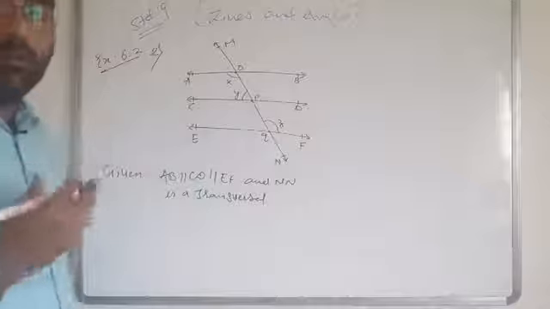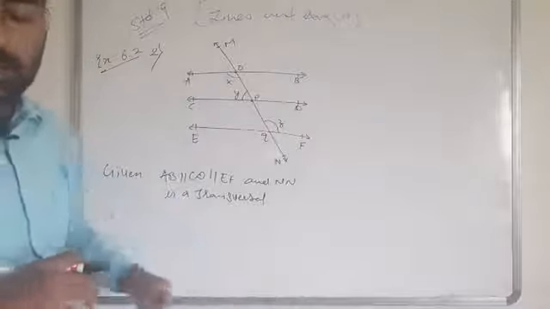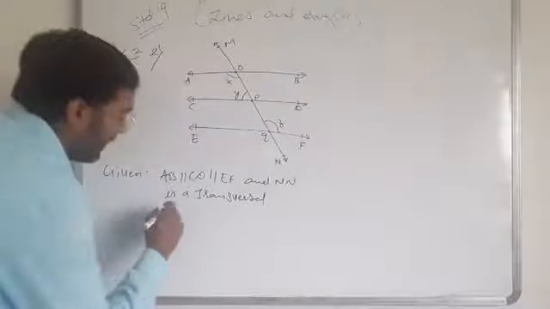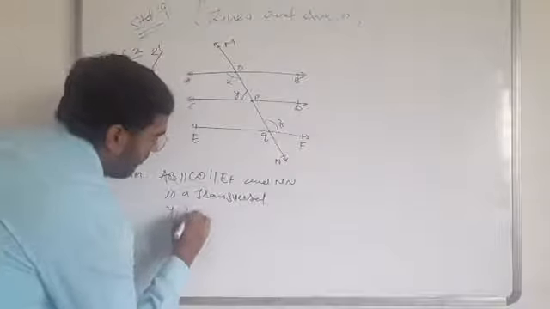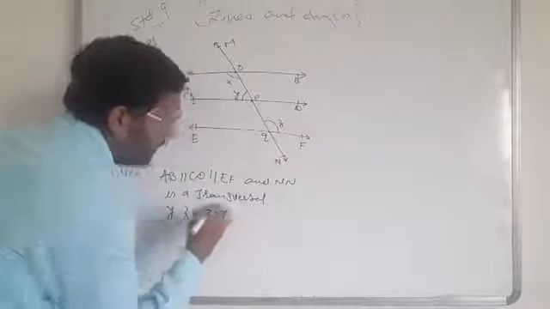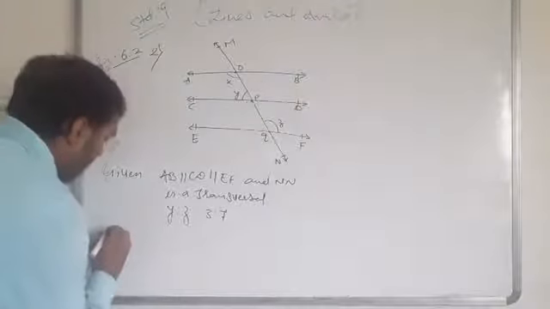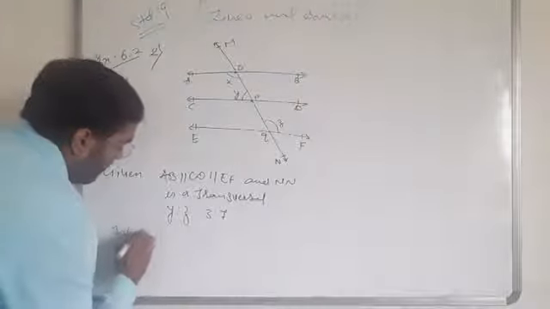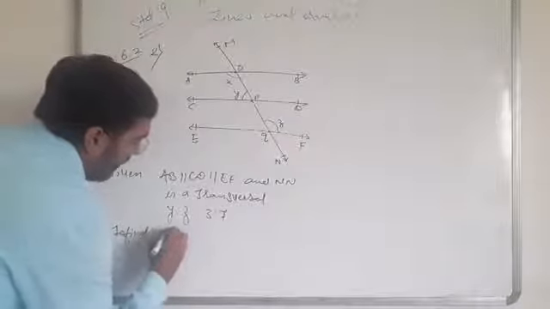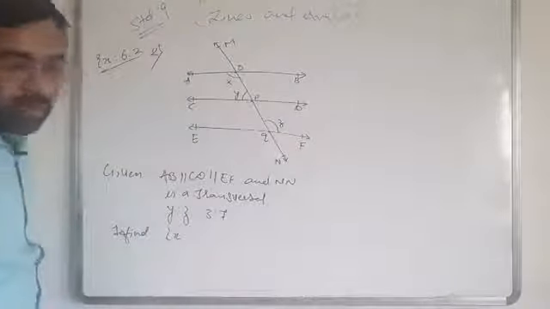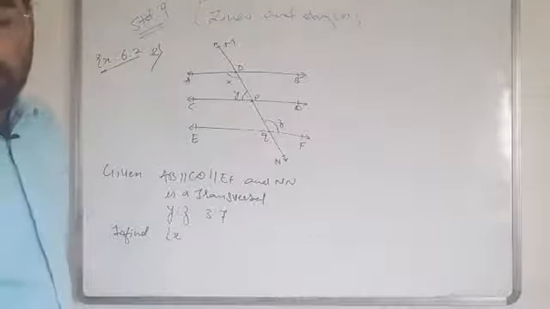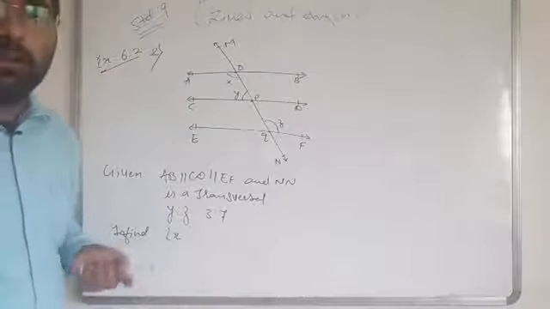The second thing given is y is to z is equal to 3 is to 7. We have to find angle x.